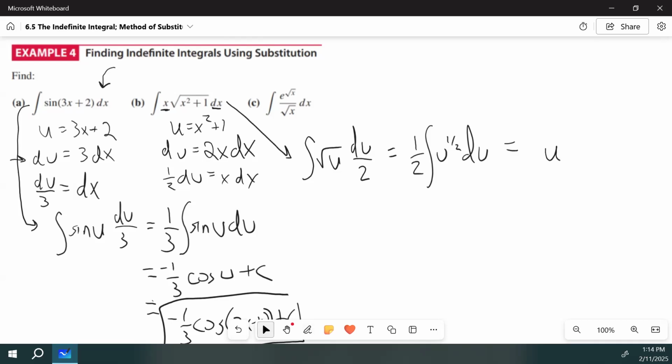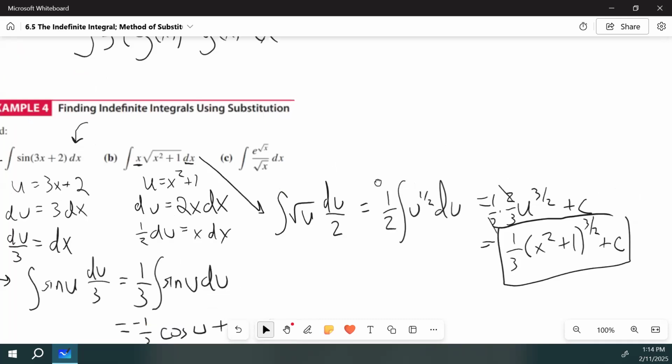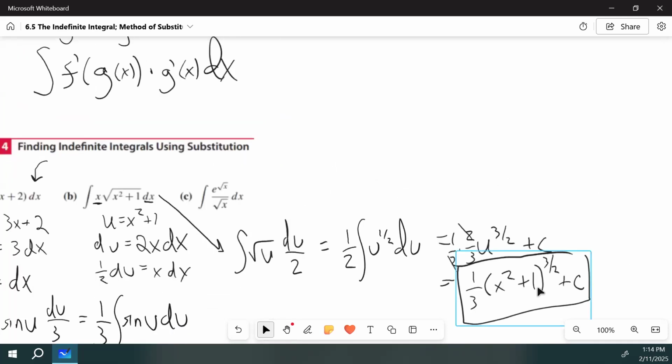Now the new exponent is going to be 3/2, and we multiply by 2/3, and that's multiplying the 1/2 that's already there. So the constants cancel, and you'd have 1/3 times u, which is x squared plus 1, to the 3/2 plus c. Don't forget your plus c. That's very, very important.